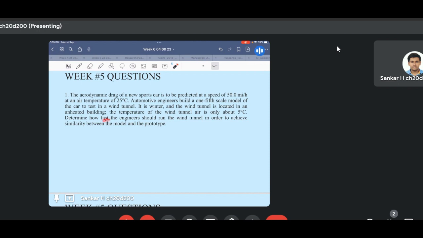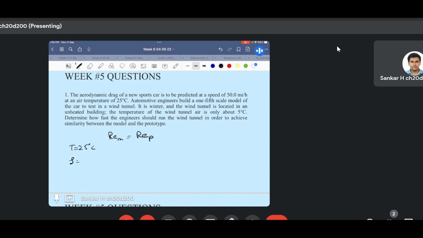Next, determine how fast the engineer should run the wind tunnel in order to achieve dynamic similarity between the model and the prototype. In order to achieve dynamic similarity, as you have seen before, we just need the Reynolds number of the model to be equal to the Reynolds number of the prototype. But what is not given is the density and viscosity, which need to be looked up in the Perry's handbook.